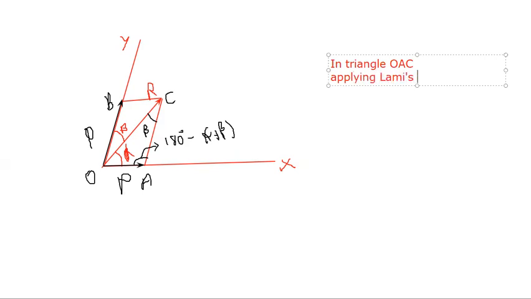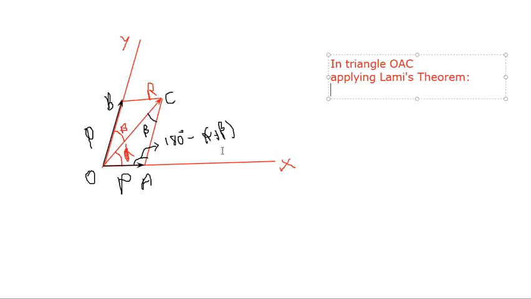Okay, I will explain it to you. Lami's theorem should have been taught in class 9 or 10. Lami's theorem says that in a triangle, you can write if you know the three angles. If you know the three angles, alpha, beta, and 180 degree minus alpha plus beta. See, we know the values of the three angles, right?